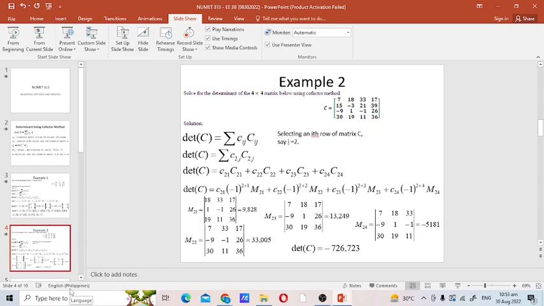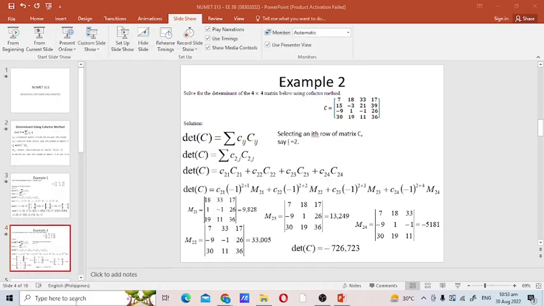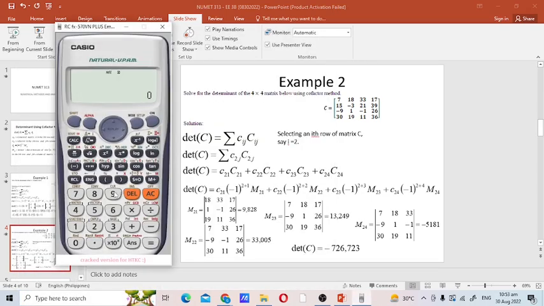Again, let me show you using the calculator. So we have mode matrix. We input the values for the matrix.